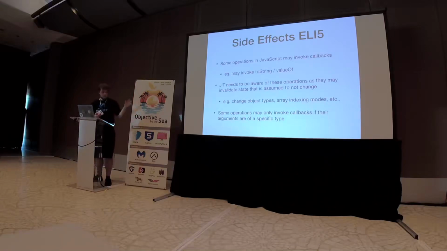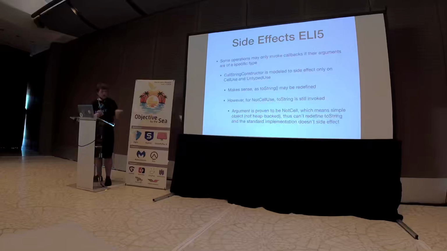And so things that you could do is like change an object's type as the JIT code is running, change an array's indexing mode as the JIT code is running, and again, all type proofs done are still going to be considered valid, as you need to model for things that do this or not.